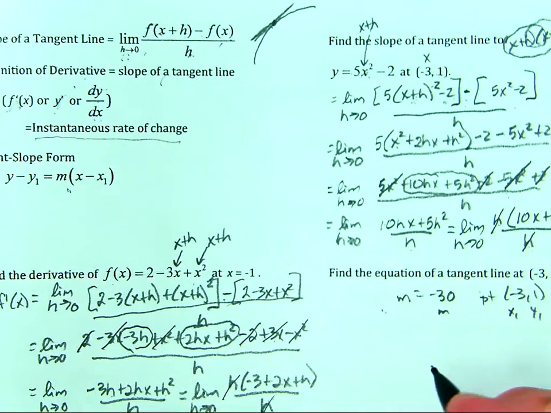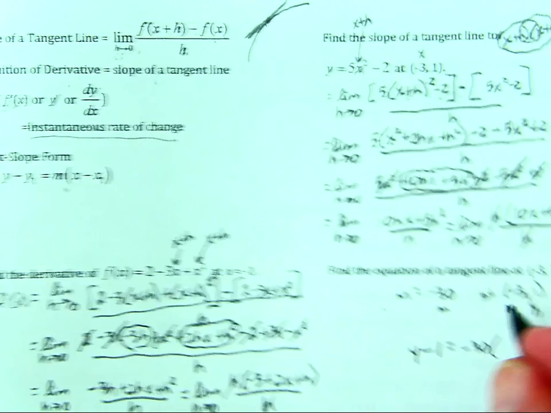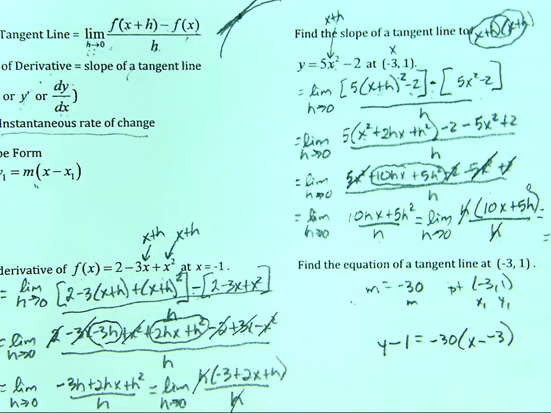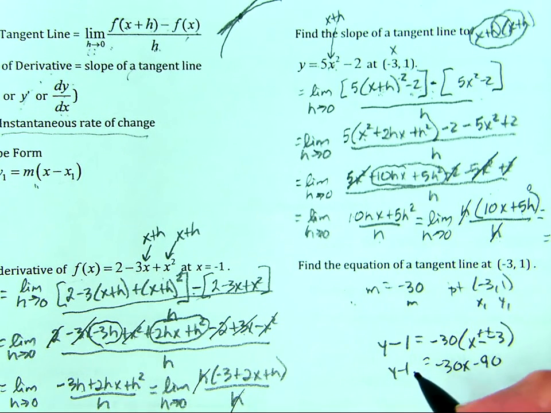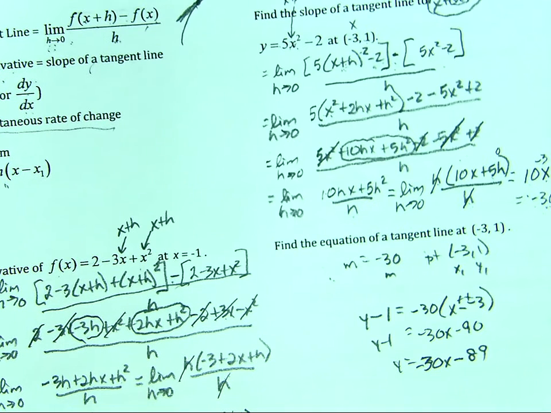So the formula says take y minus y1, so y minus 1 equals the slope, negative 30, times x minus x1, so x minus a negative 3. So if we distribute here, that's negative 30x. That's going to be plus 3, so minus 90. If I add 1, there's our equation of a tangent line.